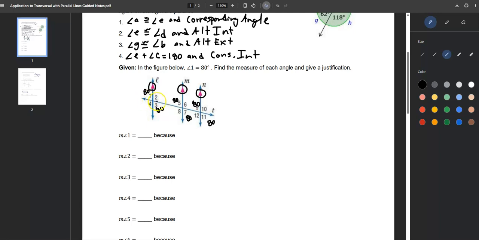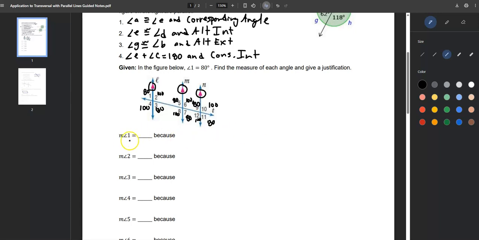So 1 and 2 should add up to 180. Well, 180 minus 80 is 100. So angle 2 should be 100. Angle 6 should be 100. Angle 10 should be 100 because they're corresponding. And then 4 and 2 are vertical, so they should be 100, 100, and 100. And we can find all these angles, okay?